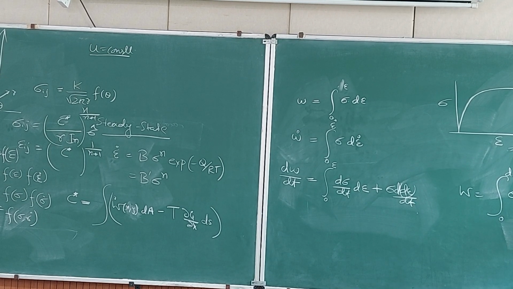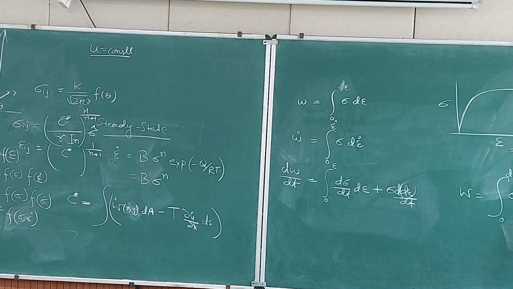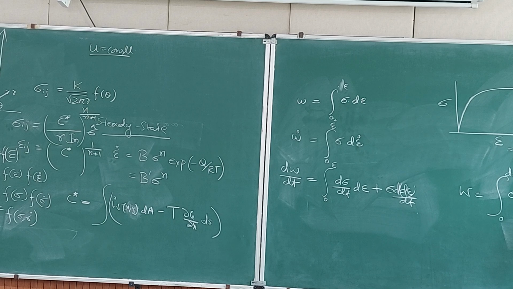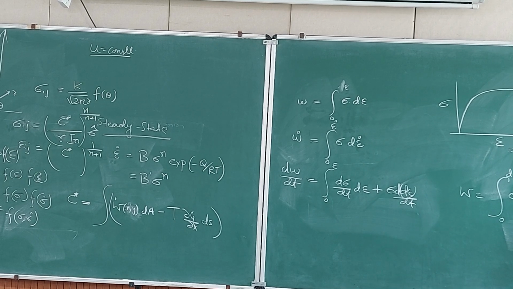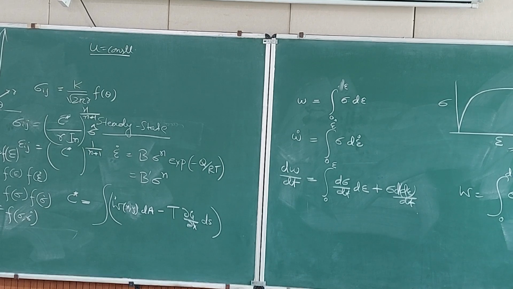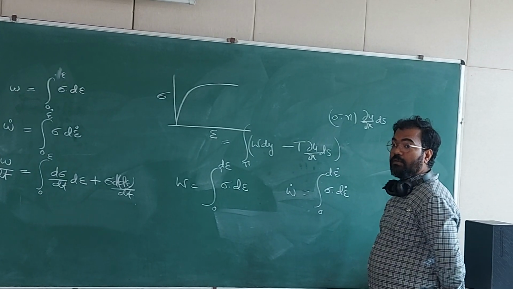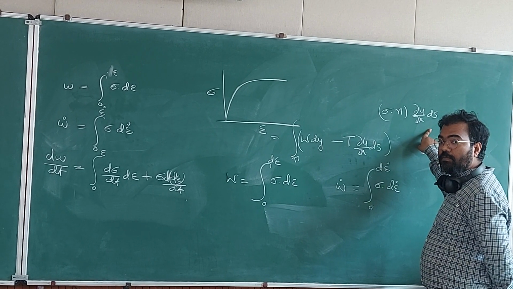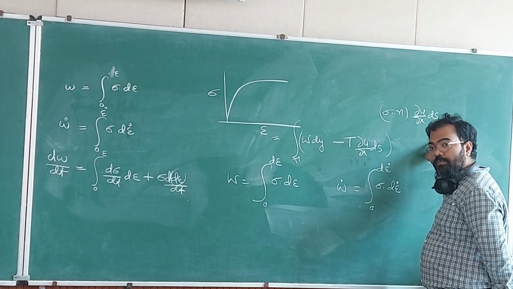What about this? T is sigma dot n. So you have one of these terms and one of this term. So you have del u by del x and ds. Okay. So now if you do the differentiation of this with respect to time, you will get another term.